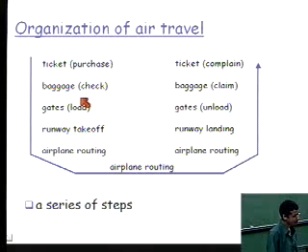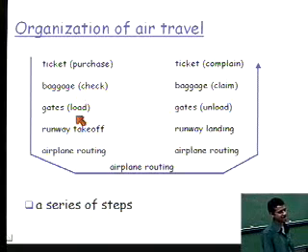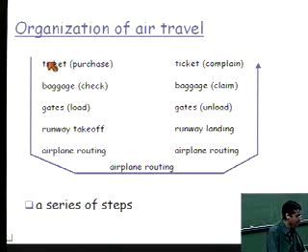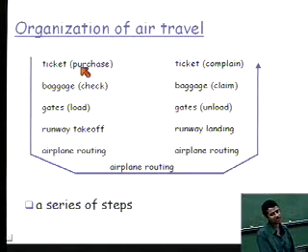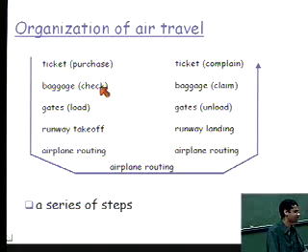All of these steps provide some service to the steps before or after that, but you can make internal changes without affecting anything else. So your ticket purchase, whether you go to a travel agent or whether you go and buy on the web, does not have any significant effect on the baggage check-in process. And it has even less effect on the way planes are routed.